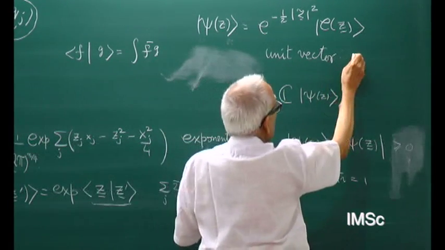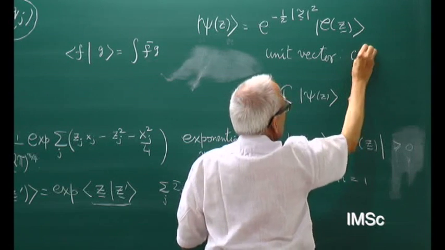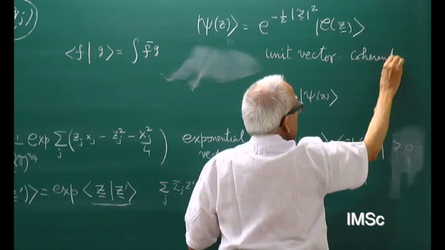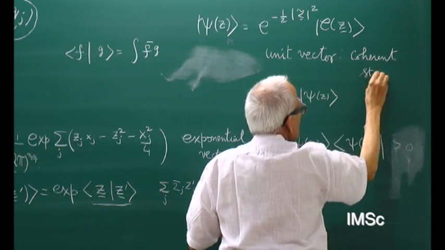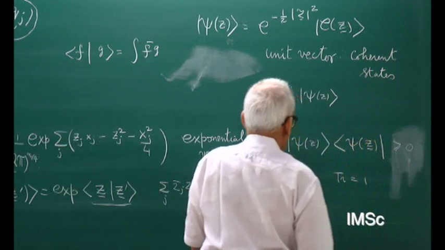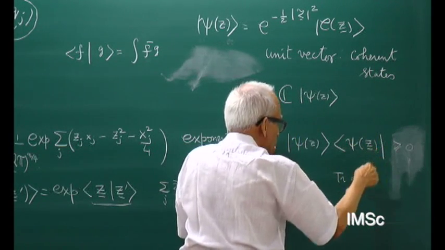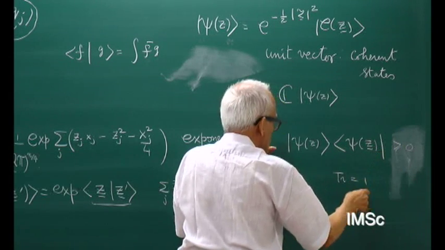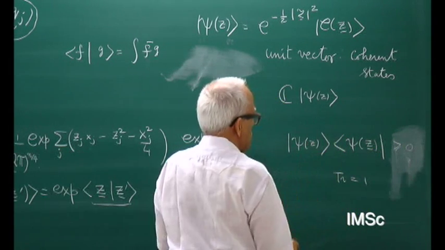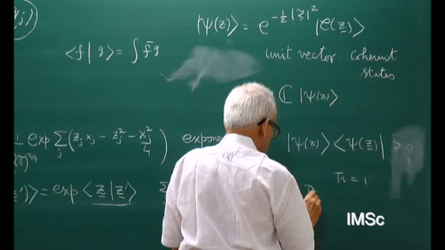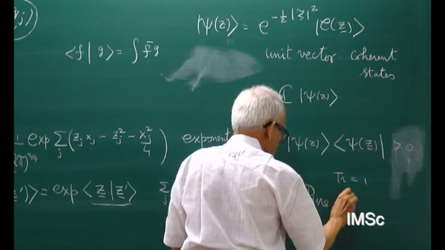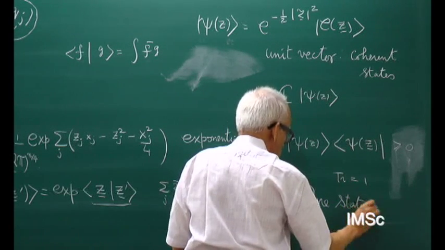These are called coherent states. Because this projection which is one dimensional is a positive operator of trace 1, they also give rise to states, they are called pure states. They are examples of pure states.